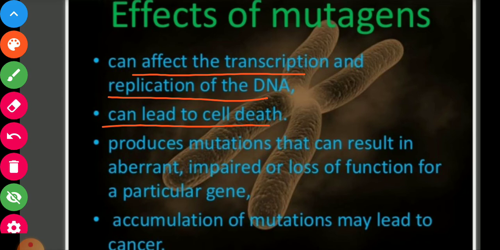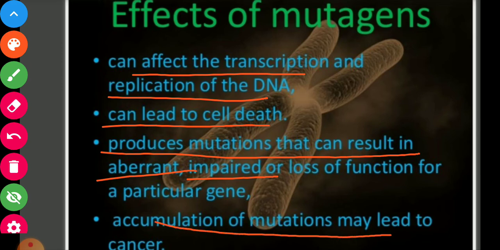They produce mutations that can result in aberrant, impaired or loss of function of the gene. So if any change takes place, it may affect the functions of the gene, and the accumulation of mutations may also cause cancer.